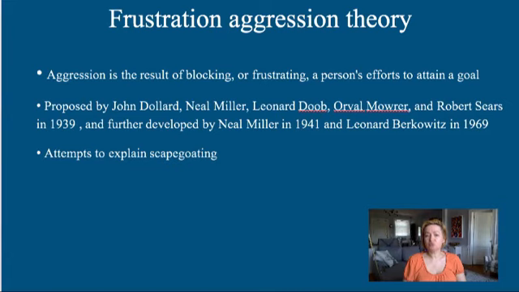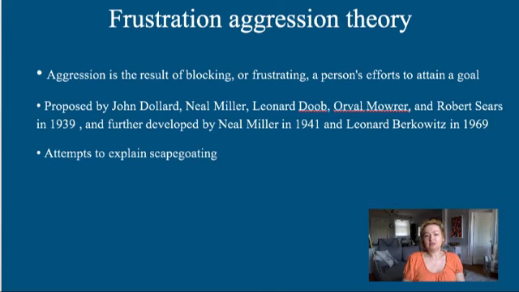This theory was proposed by a group of authors, but we usually mention Dollard and Miller and then just put et al. Dollard, Miller, Doob, Mowrer, and Sears were the ones who first proposed this theory, but it was further developed by Miller and Berkowitz later in the 60s of the previous century.